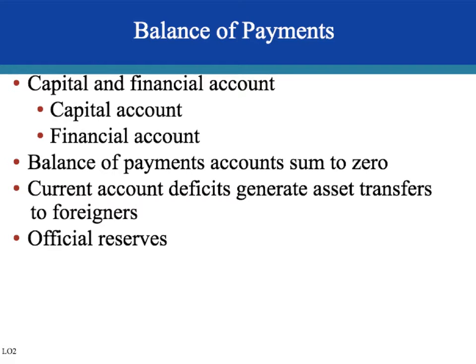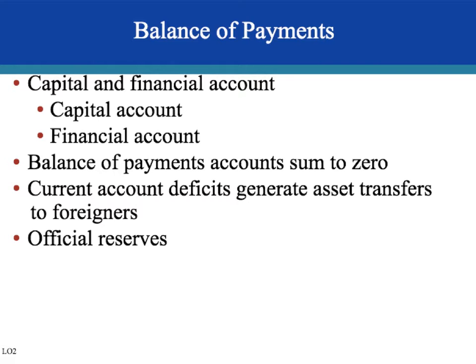So look at how many foreign stocks and bonds a U.S. citizen has, and how many U.S. stocks and bonds a foreign citizen has. And so the current account added to the capital account and financial account, the balance of payments will come out to be 0.